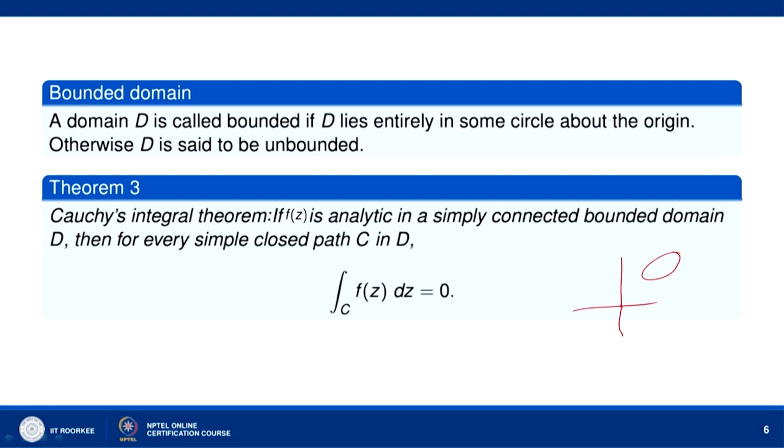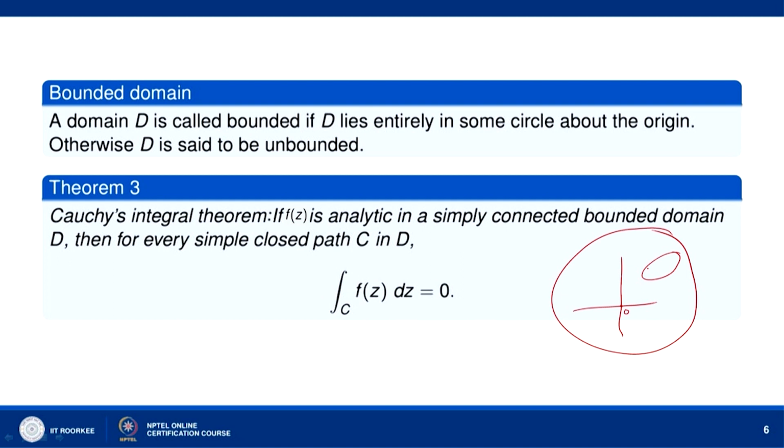Say for example, you take this as origin, you can draw a circle like this, in which this lies. So, if you can construct a circle with center at the origin of some radius r, such that the domain D lies completely inside it, then the domain D will be called a bounded domain.